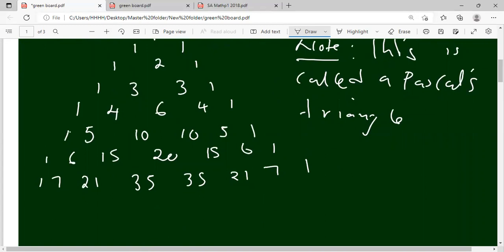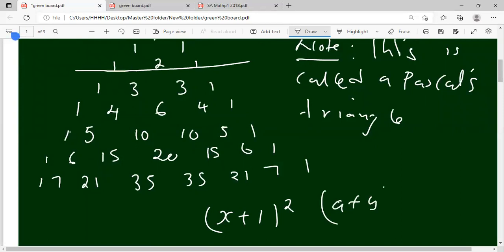Meaning that if you want to expand a binomial of this nature, x plus 1 maybe to the power 2, you are going to go to the row where you have got 2 appearing, which is this. We are going to use those coefficients. If you have got a plus b to the power 4, I'm going to go to this row where the second number is 4 apart from 1.